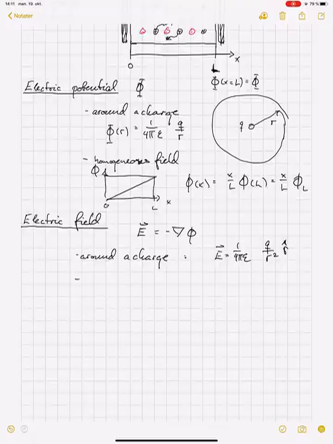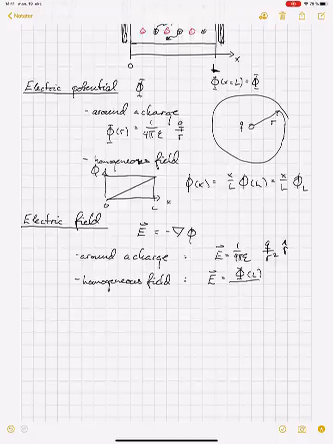And in a homogeneous, one-directional field, the E field is just the potential over L. Sorry, I forgot the minus, and there should be a minus here and there as well.